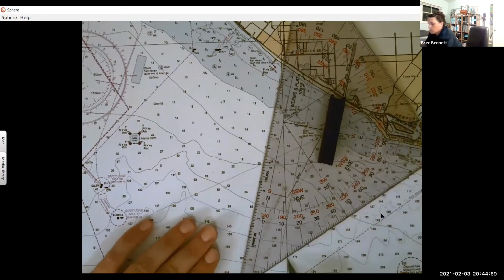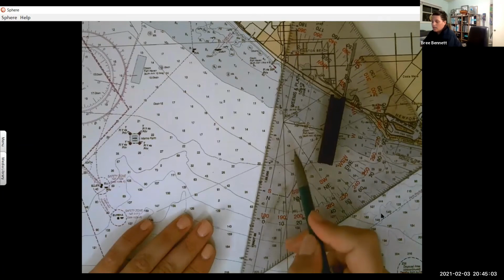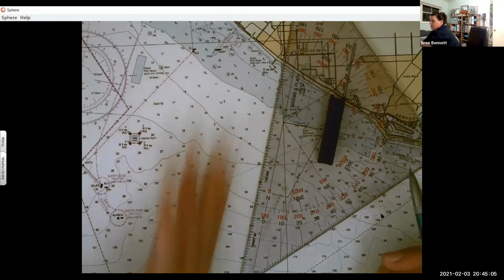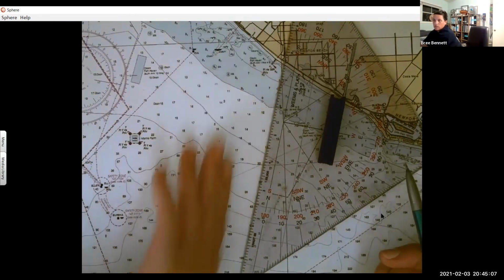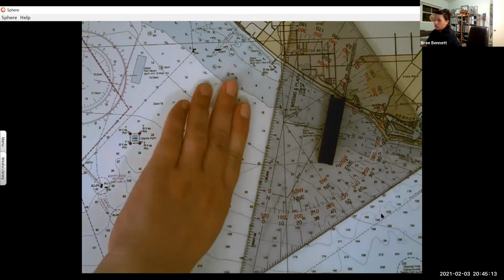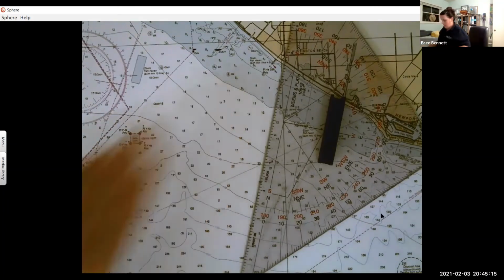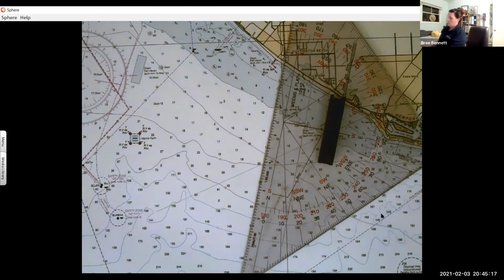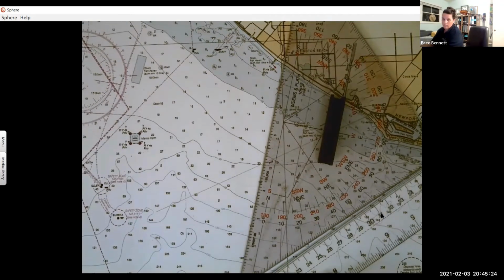So I have 0, 1, 3 and the focal point, so that this side of my triangle is equal to 0, 1, 3. And then this is where you get to move the triangle. You get to put a straight edge, a ruler, whatever, on a short side of the triangle.